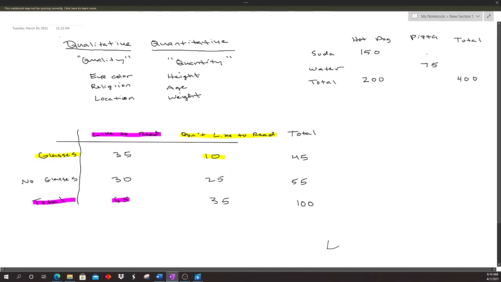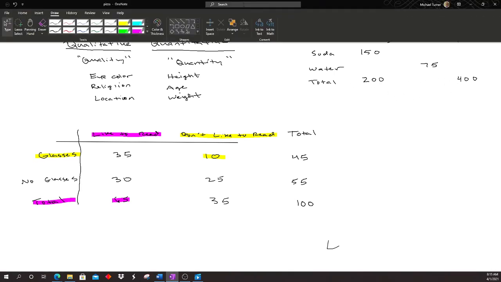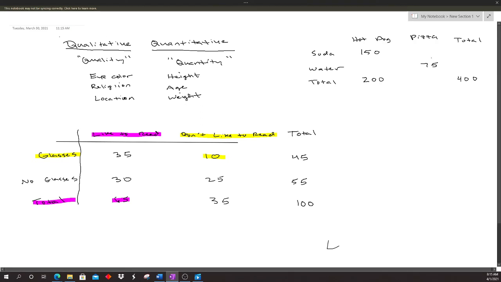So for instance, I couldn't fill in the blank right here yet, but I could fill in either here or here because I have 2 out of the 3 already filled out for me. So if a total of 200 people ordered a hot dog and 150 ordered a hot dog and soda, do the subtraction, therefore 50 had to have ordered a hot dog and a water.